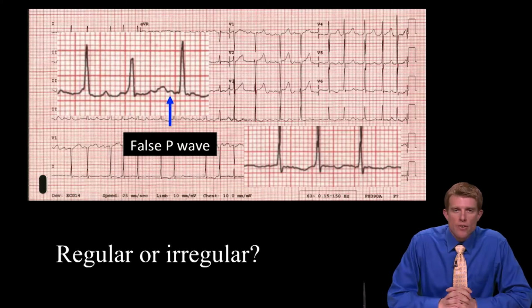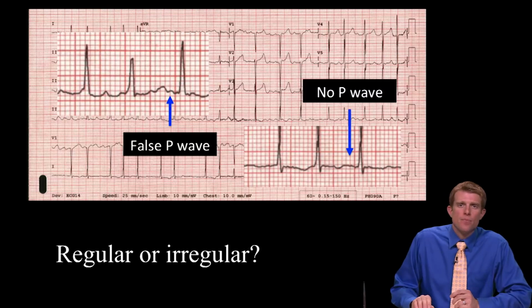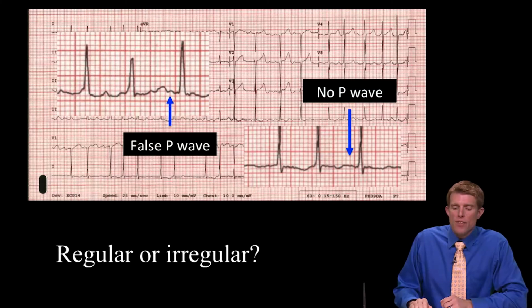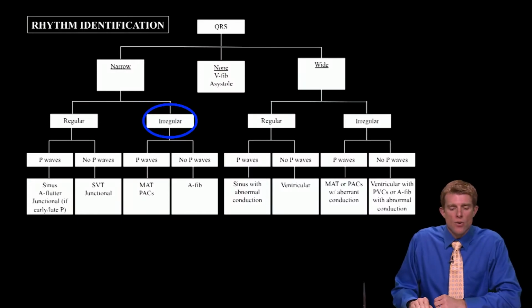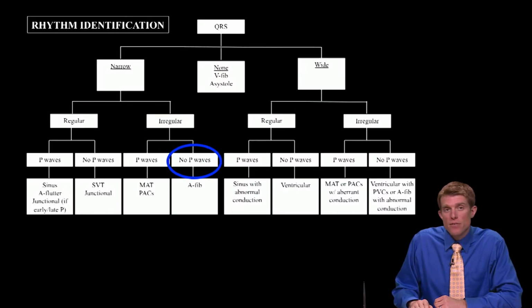That shows it in greater detail, where we see no P wave. You should see a P wave preceding every QRS complex, and if you don't, oftentimes those are false P waves. So here we're going to say there are no P waves.